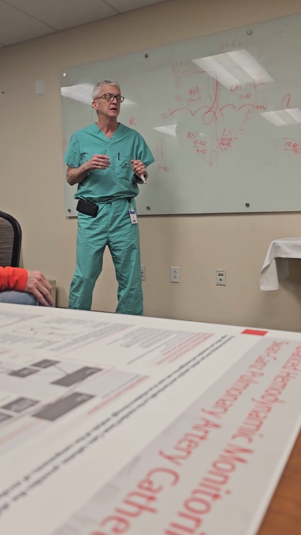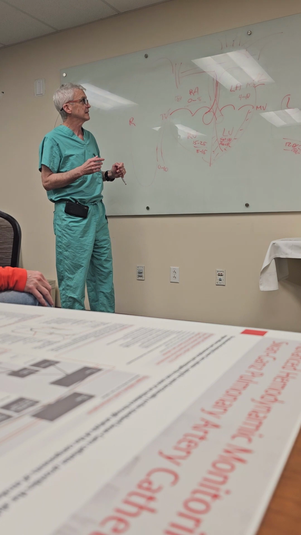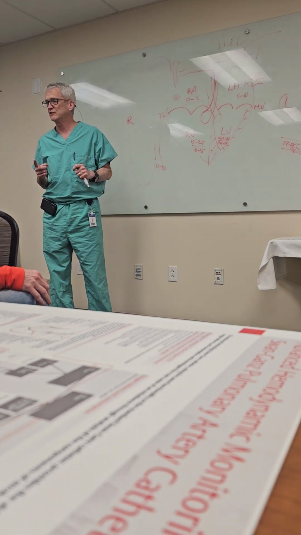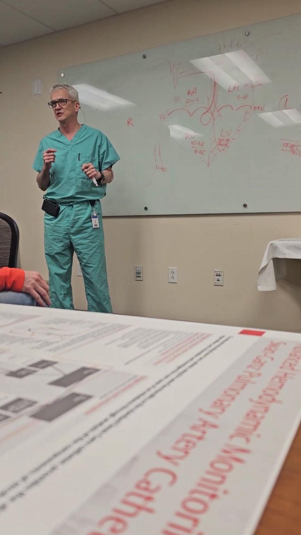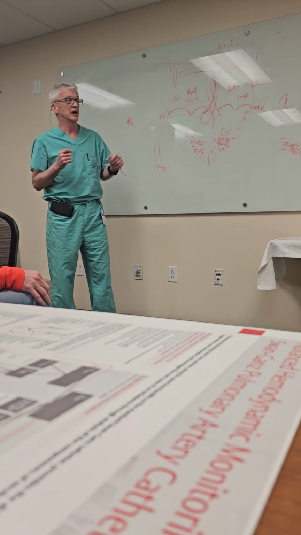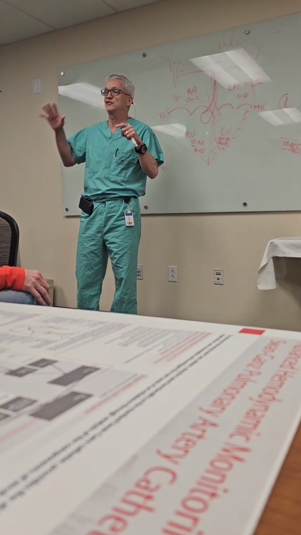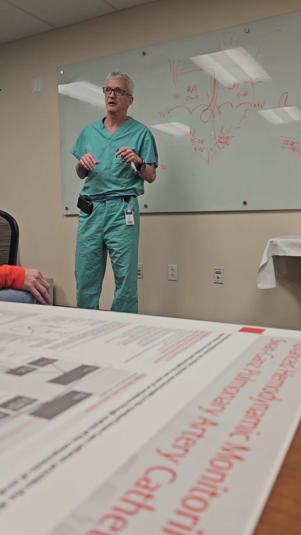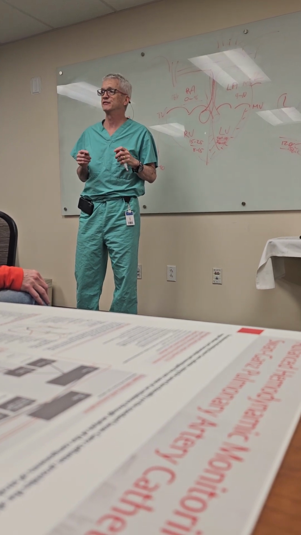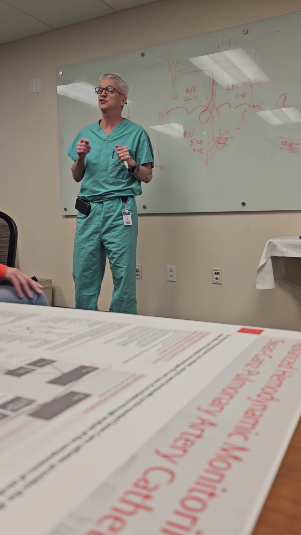But clevidipine specifically causes a shunt in the lungs, where blood that's coming into the lung comes out of the lung still deoxygenated. That's the downside to clevidipine, that it causes shunting in the lung.